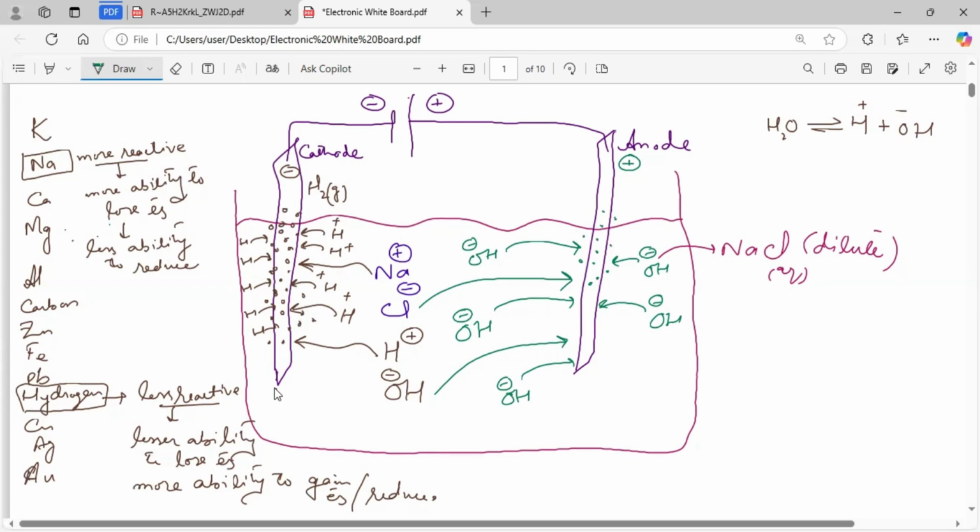I also told you yesterday in our class that if there is a comparison between halogens like chloride ion, bromide ion or iodide ion, and OH, then OH ion will be discharged first, into oxygen.